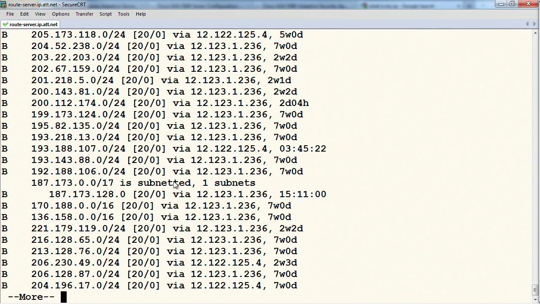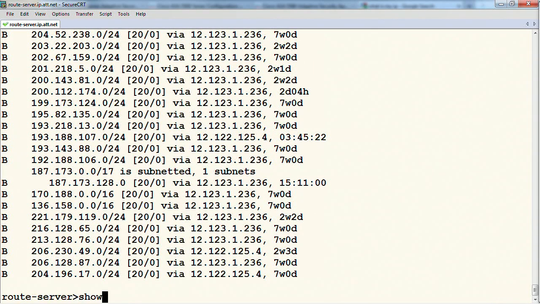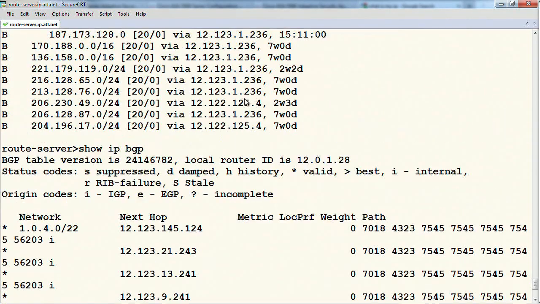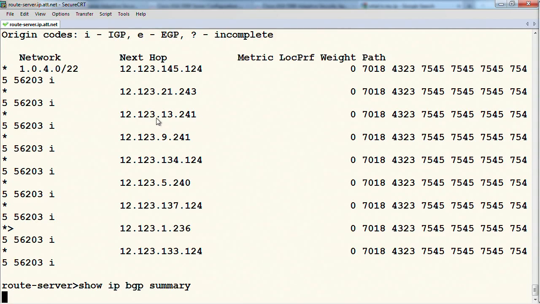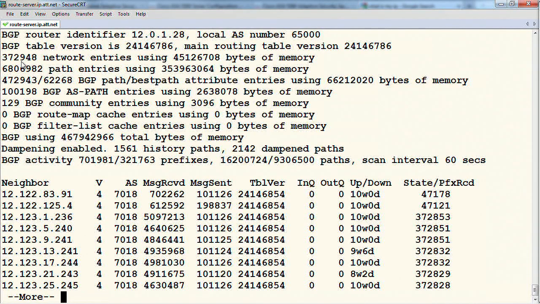This one is /17. So this router actually has 372,948 routes. So that's the whole internet.